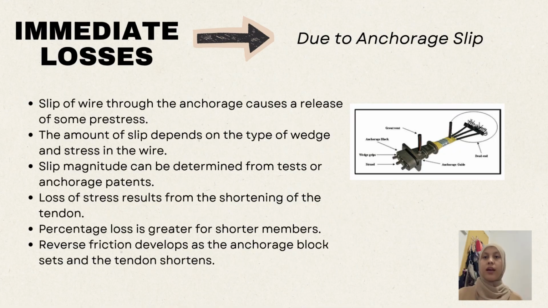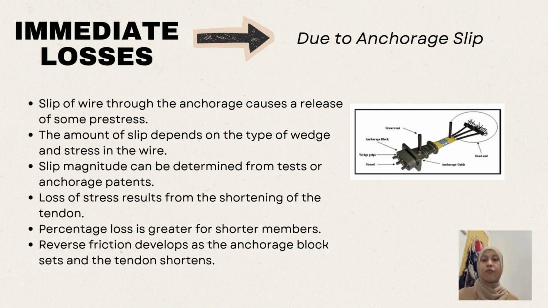Lastly, we have the immediate losses due to anchorage slip. Basically, the slip of the wire through the anchorage causes a release of some pre-stress. The amount of slip depends on the type of wedges and the strain release in the wire. To calculate, we find the loss of strength resulting from the shortening of the tendon, and then we calculate the percentage loss, which is greater for a shorter member.